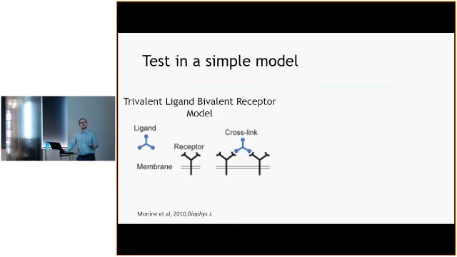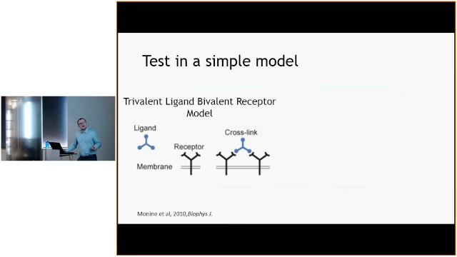This trivalent ligand and bivalent receptor model is one of the pathological examples of network-free models. The ligand has 3 binding states and the receptor has 2 binding states, and because of the cross-linking, it can go up to an infinite size.